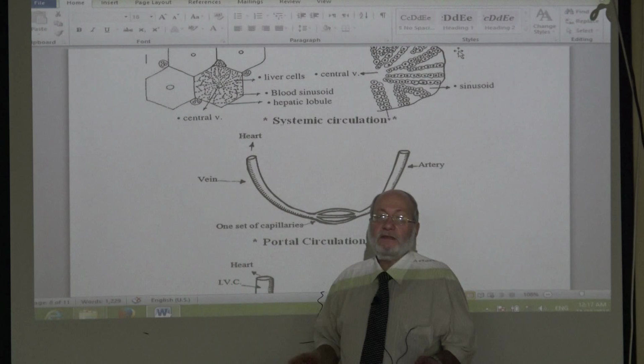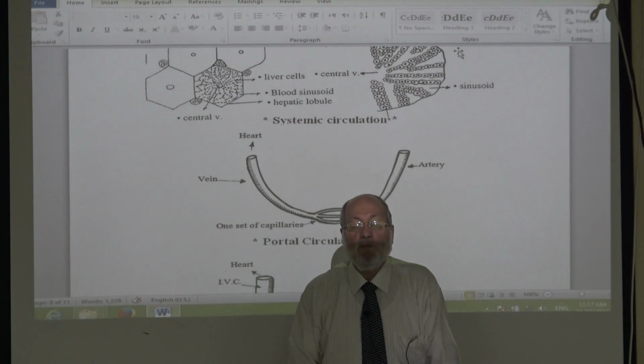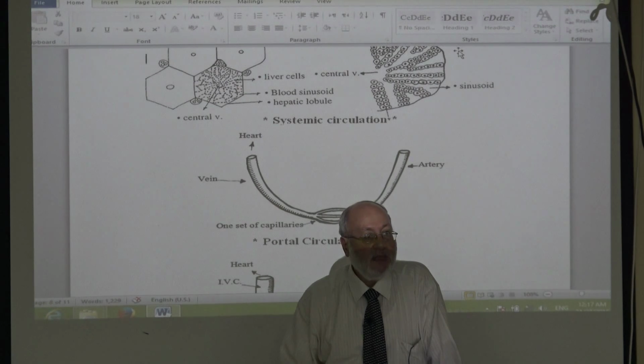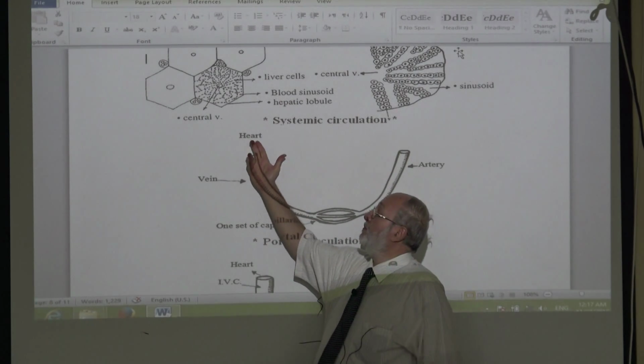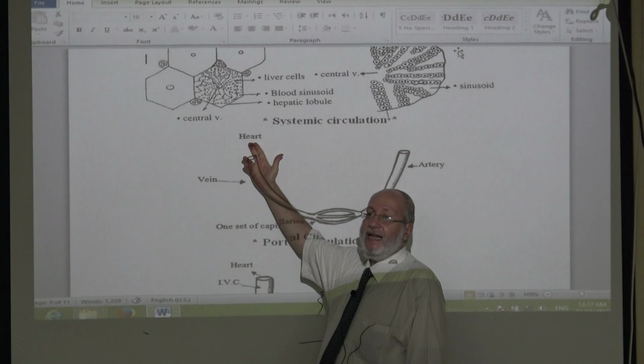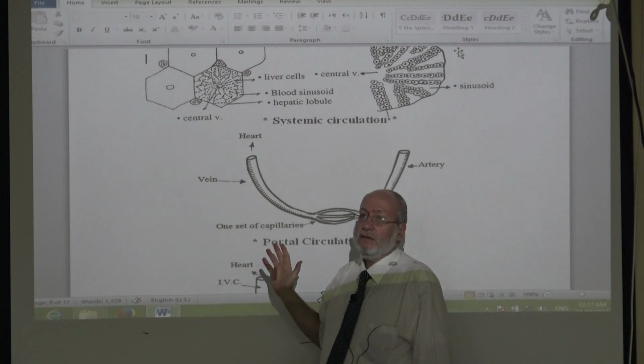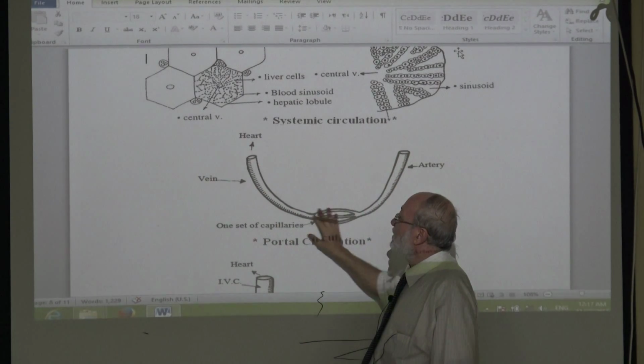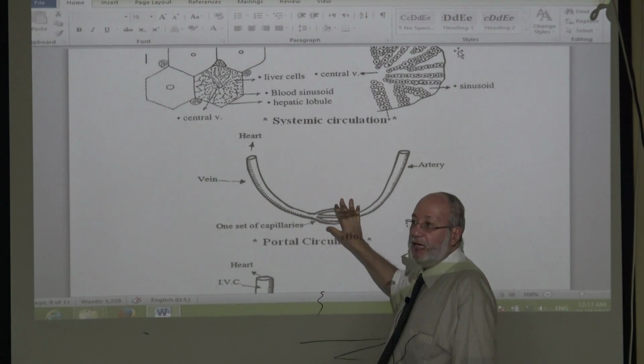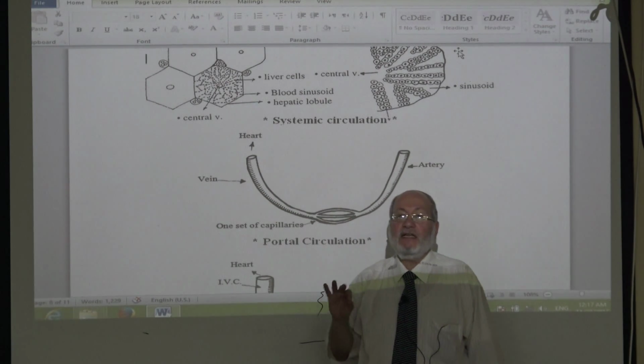The largest veins are the superior vena cava and the inferior vena cava, which drain into the heart. If this is the circulation in this manner, it is called systemic circulation.